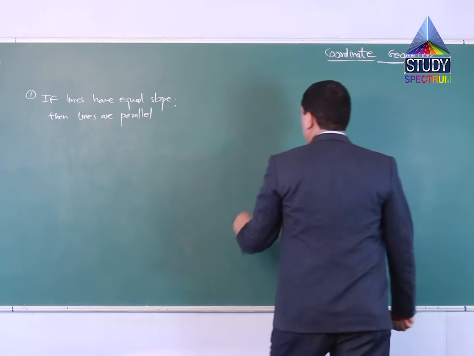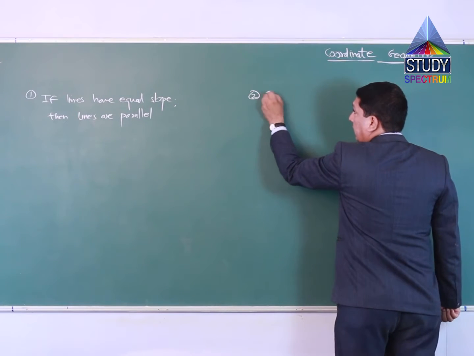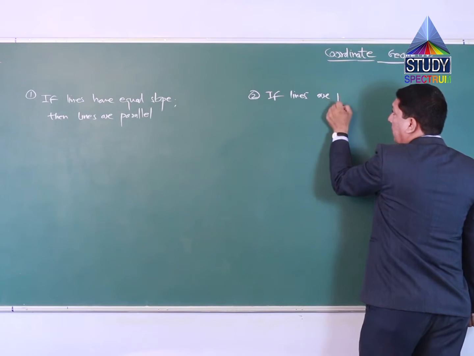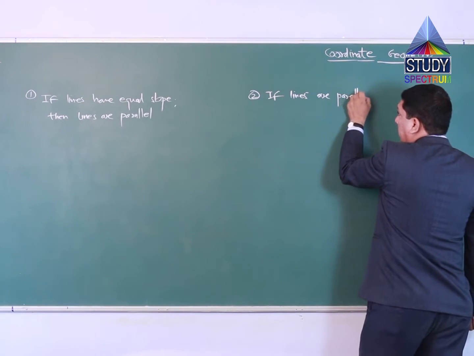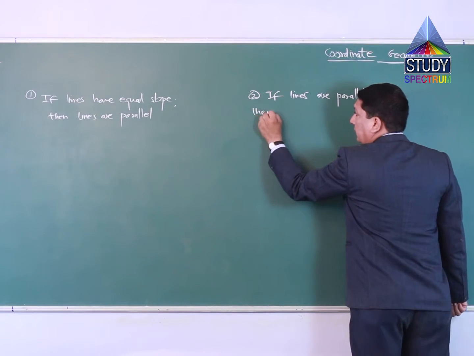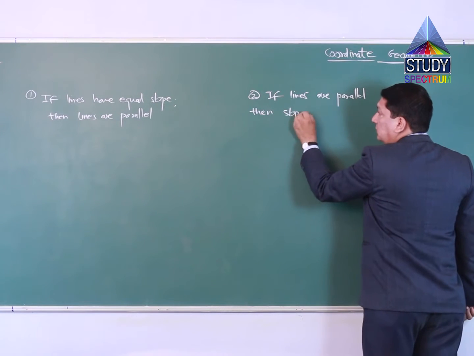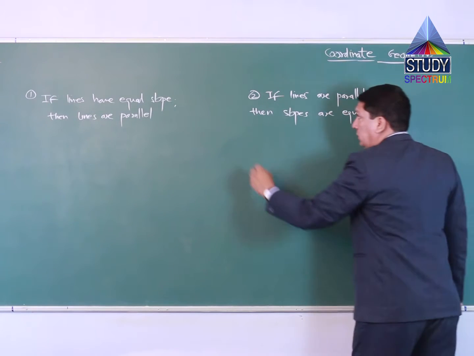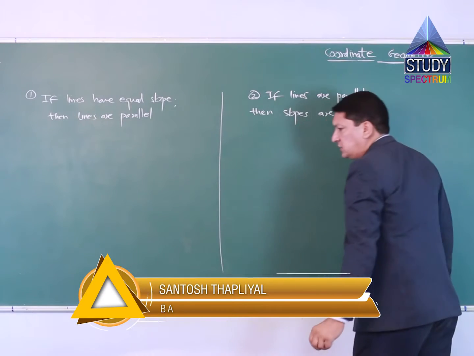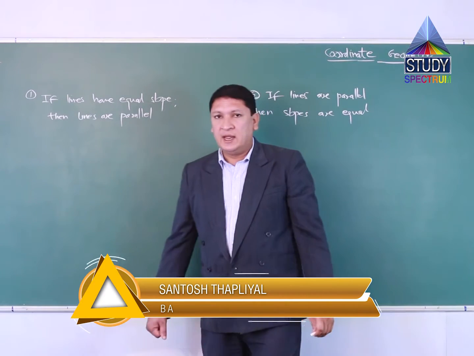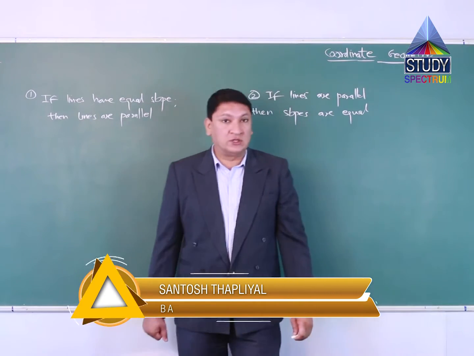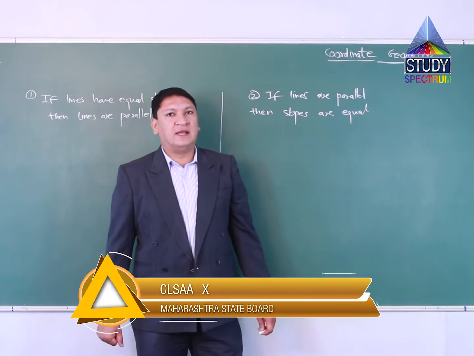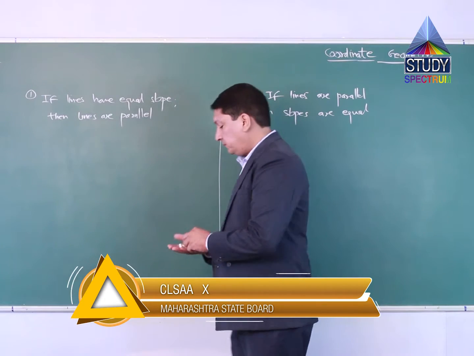Converse of this: if lines are parallel, then slopes are equal. Two important things which we are going to talk now. Based on this, there are a number of sums. First one, if two lines have equal slopes, we can say lines are parallel. Second, if two lines are parallel, we can say that their slopes are equal.